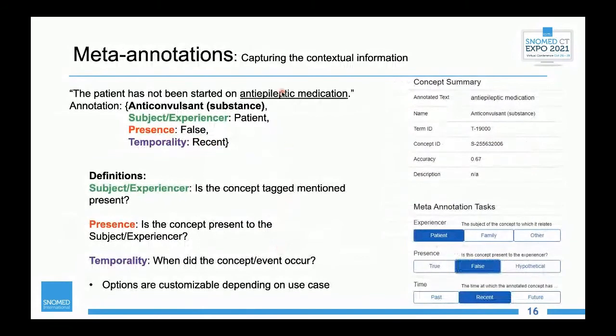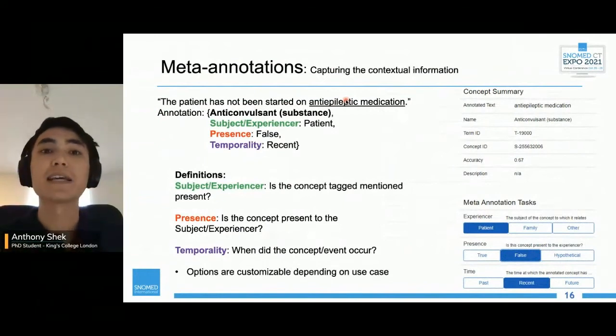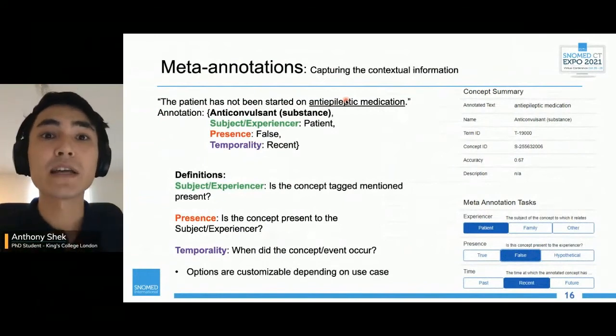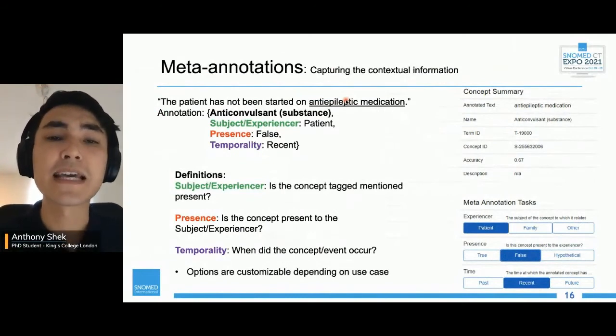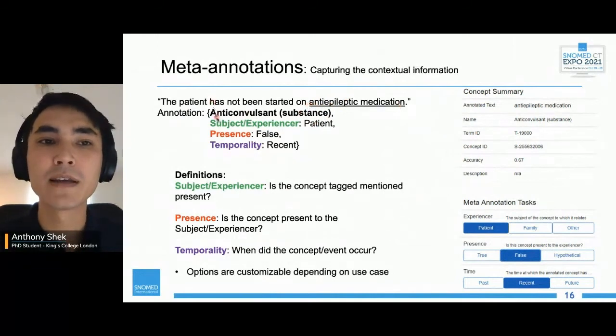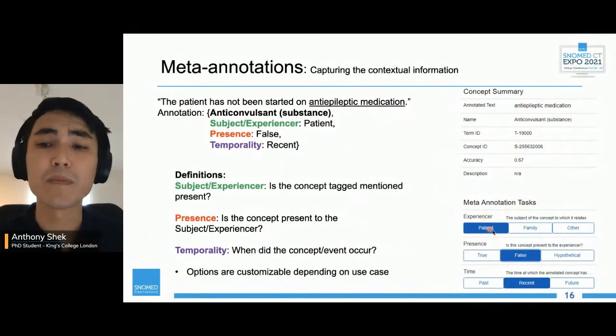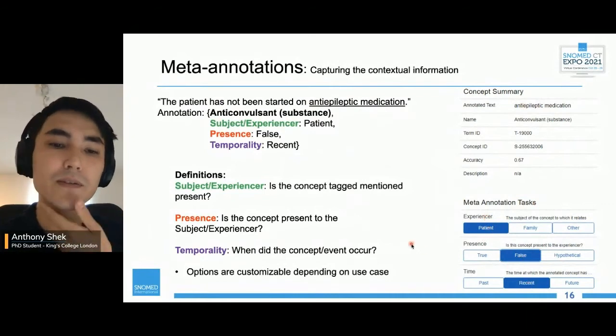Another thing is that when you annotate, there is another option, which is an annotation of an annotation, a meta-annotation, as we like to call it. That essentially captures the contextual information of that label. Here, under anti-epileptic medication, MedCat has labeled it as anticonvulsant. There are options on the right-hand side where you can describe the context of it, such as whether it's the patient, whether it's true or false, and whether it's recent.